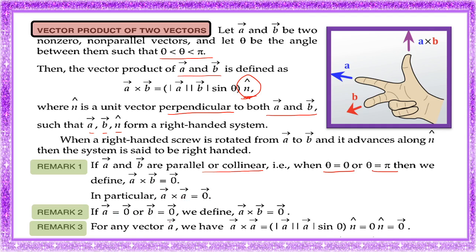If A is 0 or B is 0, then we define A cross B also as 0. For any vector A, we have A cross A. So by using this formula only, magnitude of A into magnitude of A into sine theta into unit vector n, now this sine thing is going to be 0, right? And the entire thing is 0 then.